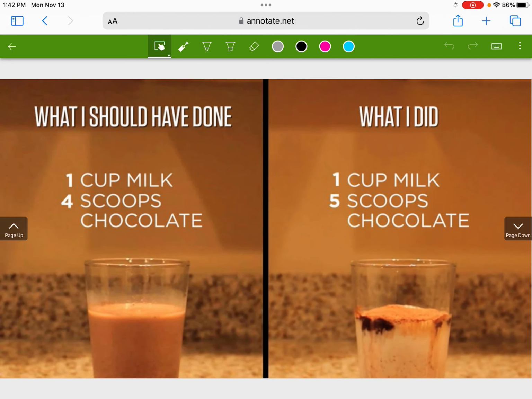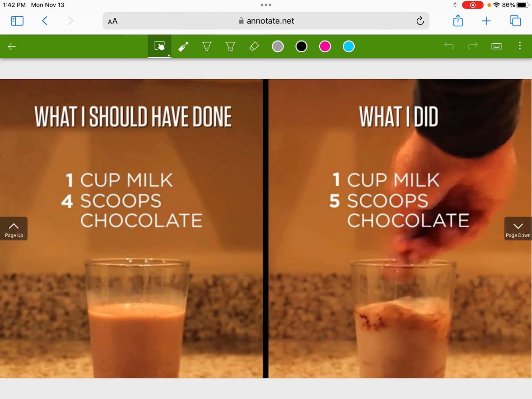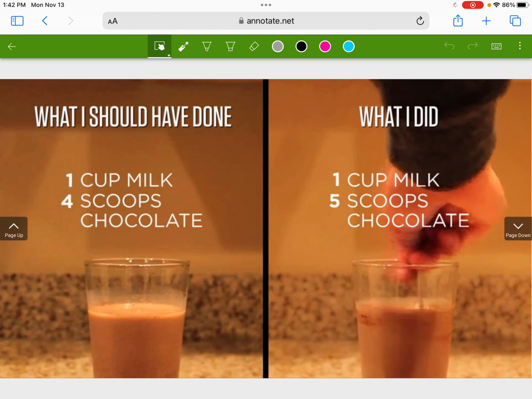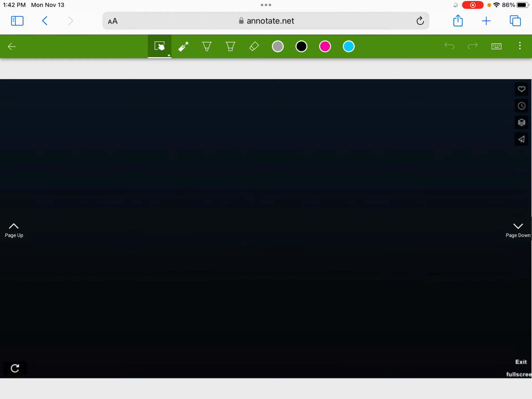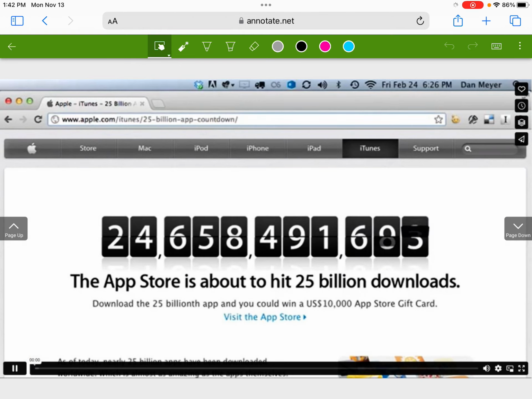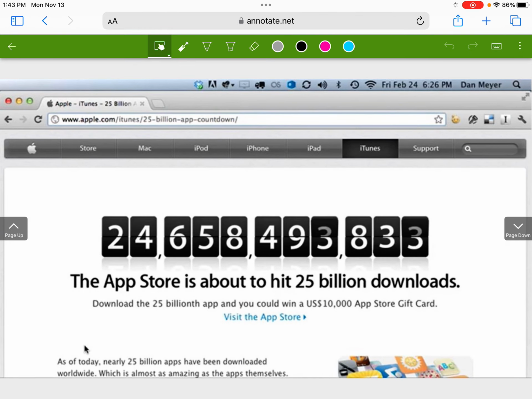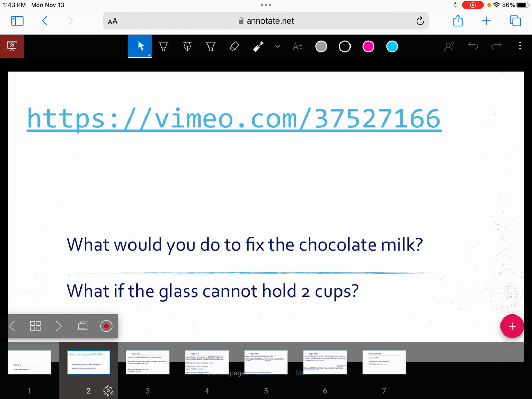Uh-oh. No, boy. Oh, no. Too much chocolate. Nana's picky. So it should have been 1 cup of milk and 4 scoops or spoons of mix. Oh, goodness, that is starting the worst activity. We're not doing that one.